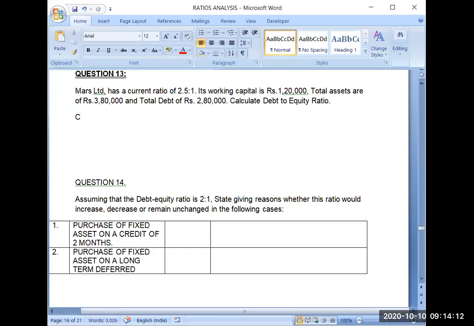So first I will write the formula. Current ratio is equal to current assets upon current liabilities, and that is given 2.5:1. So it will be 2.5 upon 1.